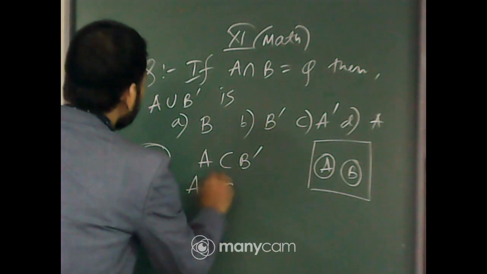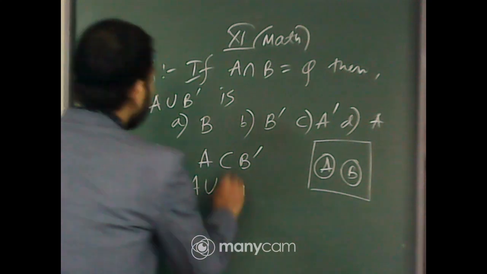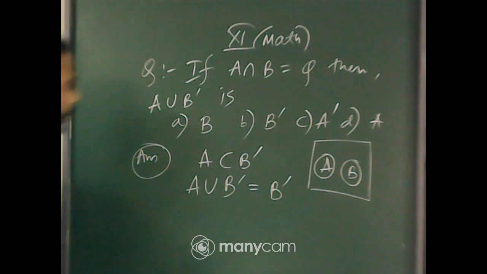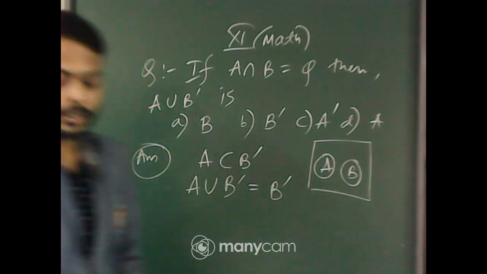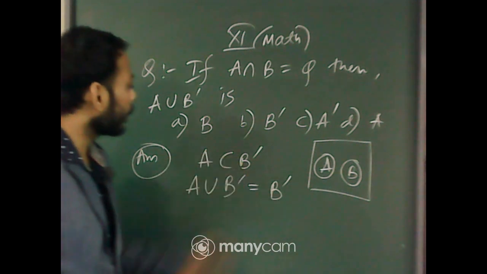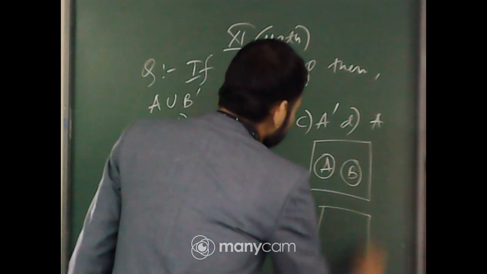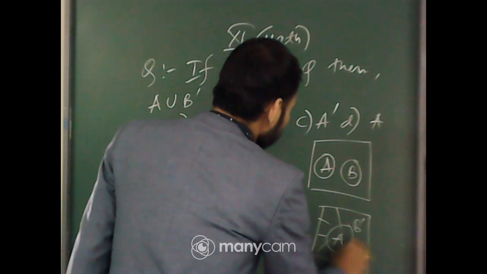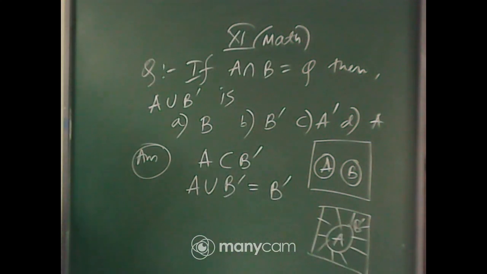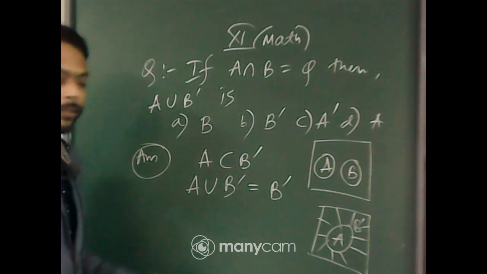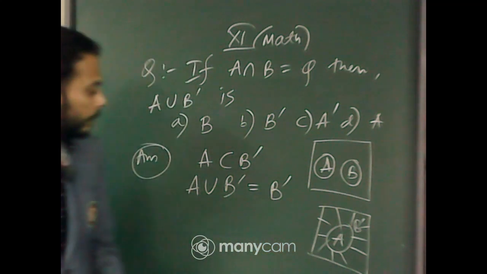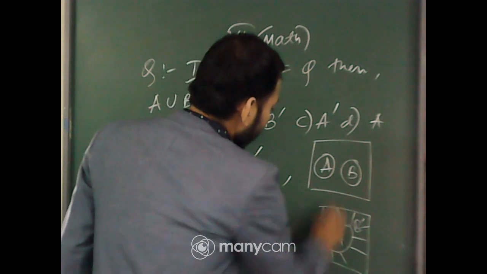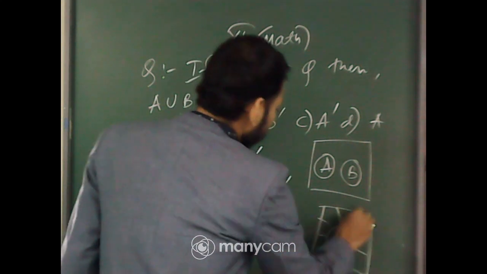So we can conclude here A union B complement will give you B complement, because A is a subset of B complement. Suppose this is A and the rest of the portion is B complement. Whenever you do the union between A and B complement, that will give you the bigger region, that is B complement. Here the whole thing is B complement.